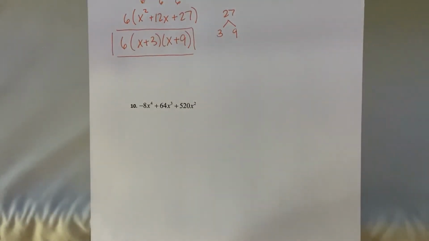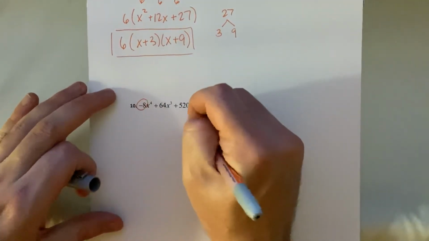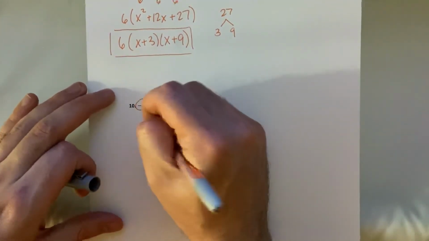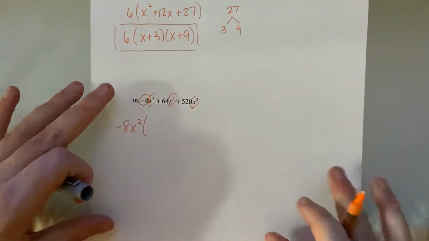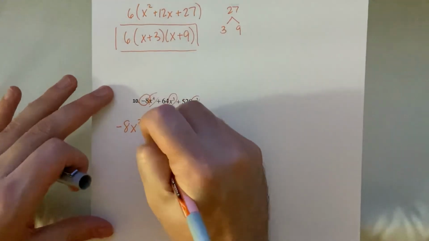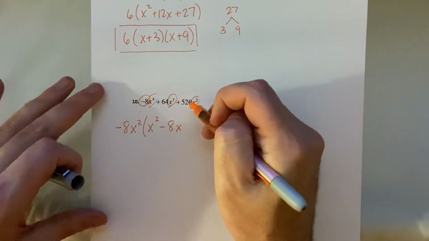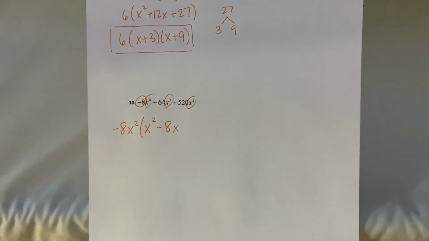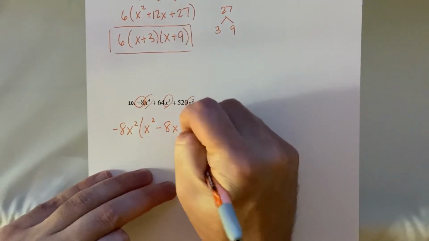Similarly, you can have a greatest common factor that's not just a number, it could also be a variable. So not only is the negative 8 a common factor, but there are at least two x's in all these terms, so you can factor that out as well. So negative 8x squared out front leaves x squared minus 8x, and 520 divided by 8 is 65.